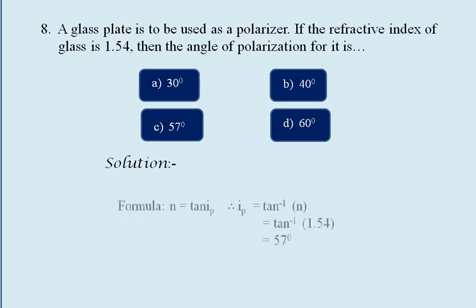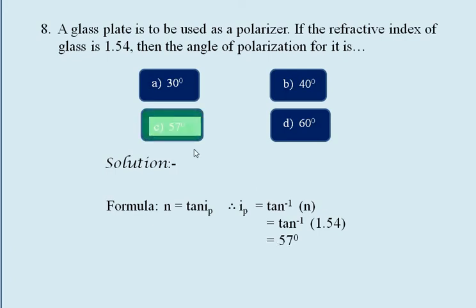Using Brewster's law, refractive index is equal to tan Ip, the tangent of the polarizing angle. So the polarizing angle is Ip equal to tan inverse of the refractive index, which is given as 1.54. Tan inverse of 1.54 is 57 degrees. So the correct answer is 57 degree.